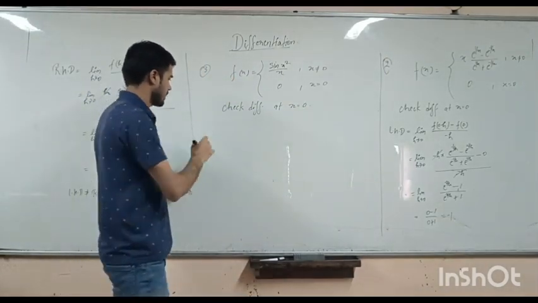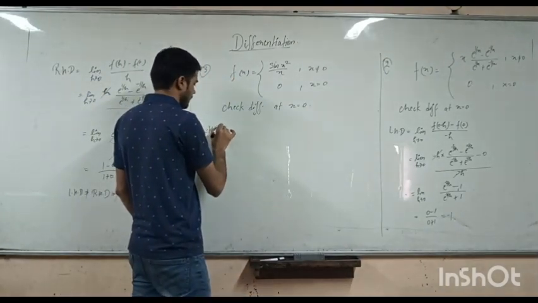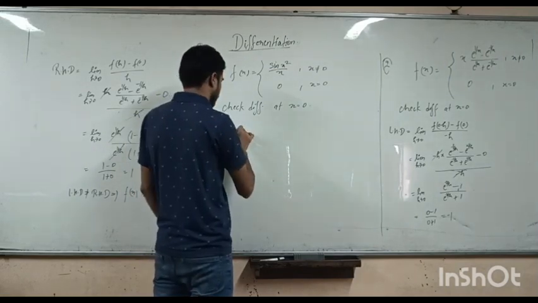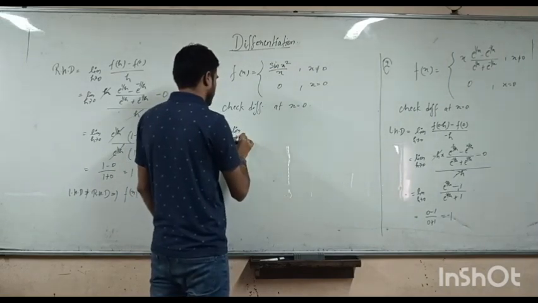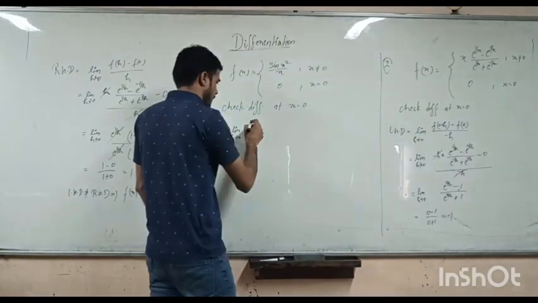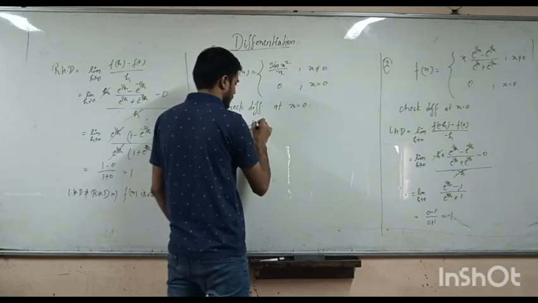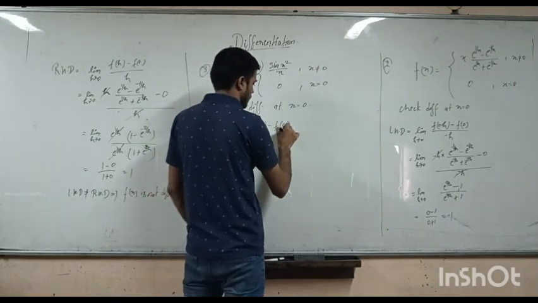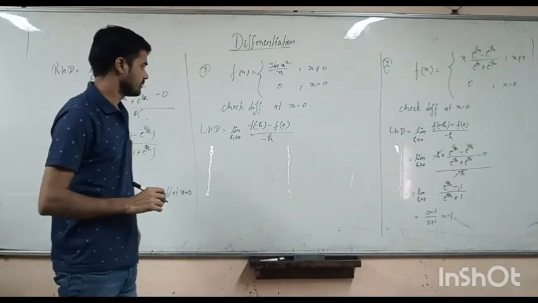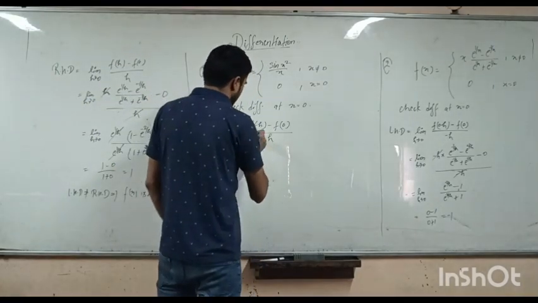Okay. So we will find the left hand derivative because it is at x equal to 0. Like in this question we can just write f of minus h minus f of 0 divided by minus h. And what is f of minus h?